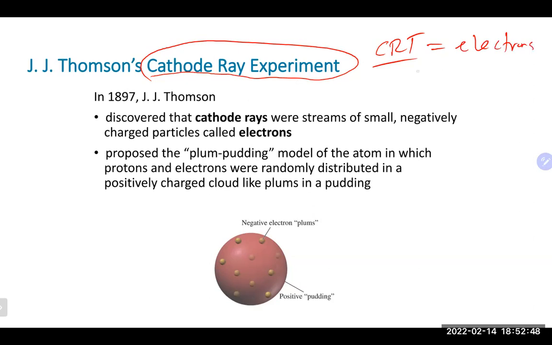A CRT tube is a tube, hence the name. There's a positive side and a negative side, and there's a stream of negative electrons heading towards the positive side. A lot of times they'll put something up here that fluoresces as it hits there.